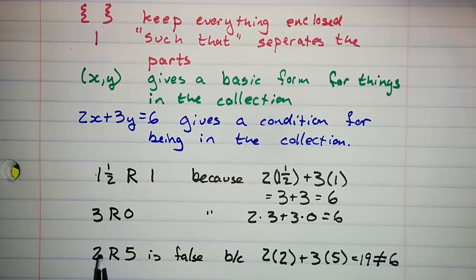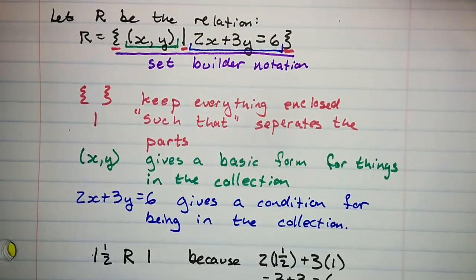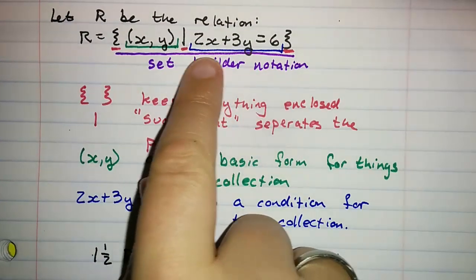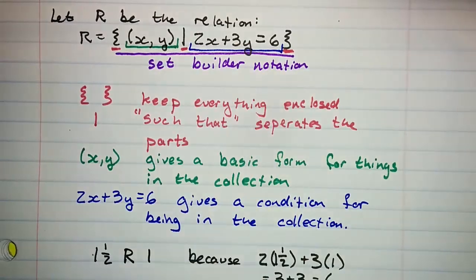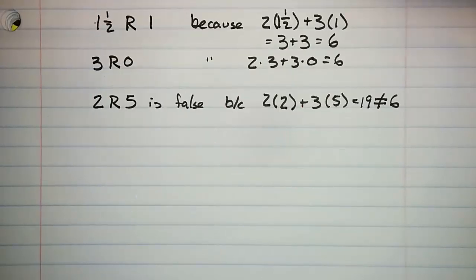So 2 is not related to 5, 3 is related to 0, 1.5 is related to 1. And notice we didn't need to do any algebraic manipulation of this equation to determine whether two given numbers were related. Let's see another example.